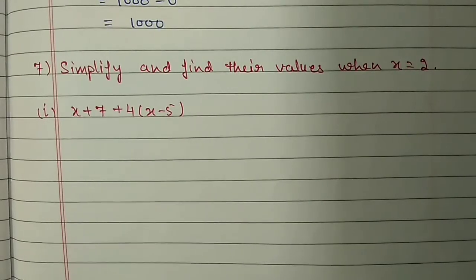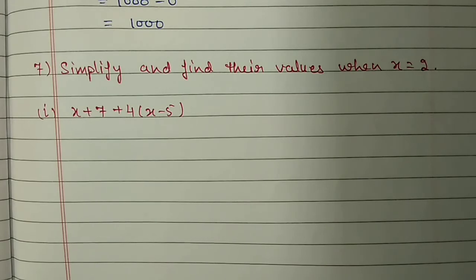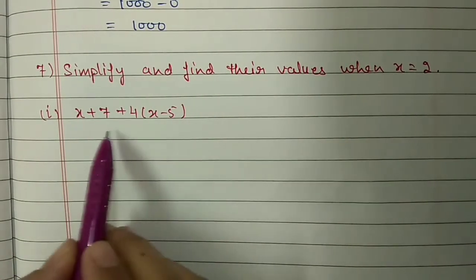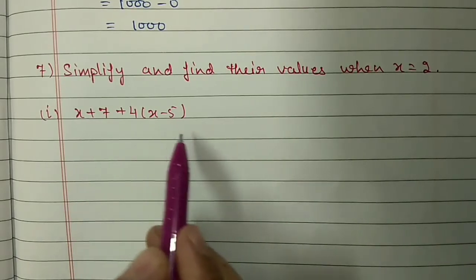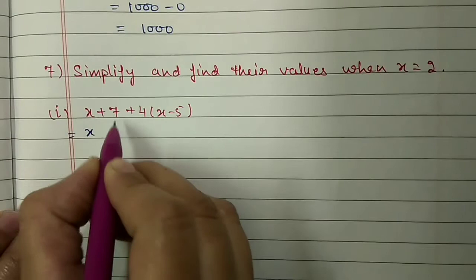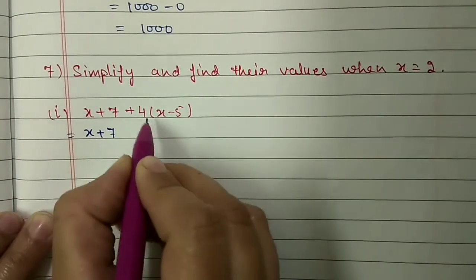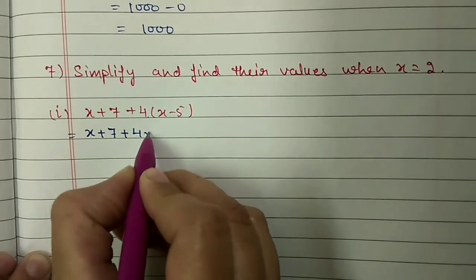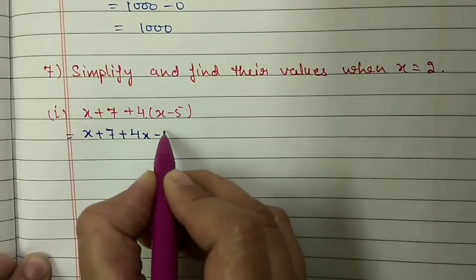Next, question number 7. Simplify and find their values when x is 2. So first we have to simplify. It means we have to remove the bracket, and whatever we can add or subtract, after that we will substitute the values. So this will be x, this 7 will be as it is. This 4 we can multiply inside the bracket. So we will get 4x minus 4 into 5, 20.